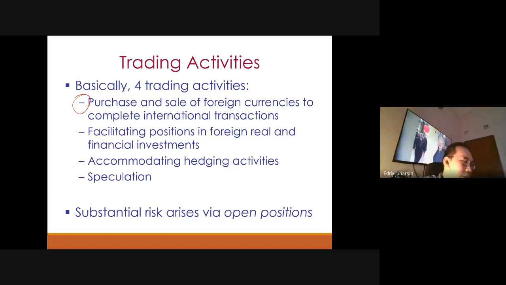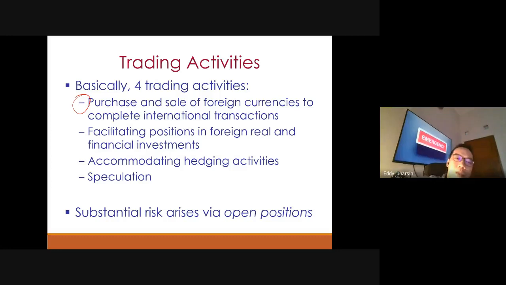For example, if I make bicycles in my home country, I will need some materials like carbon fiber, some high grade aluminum or something like that. Or maybe I need to import, so I have to pay with US dollar or with new Taiwanese dollar or something like that, right?